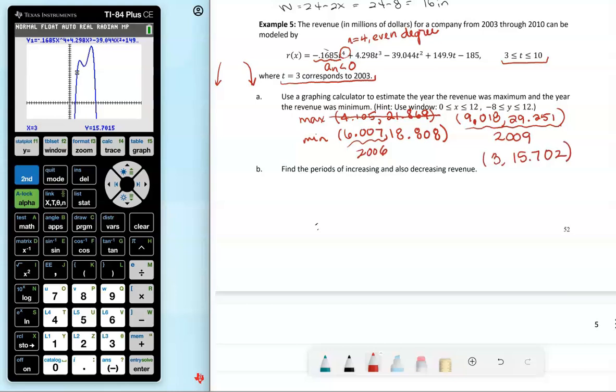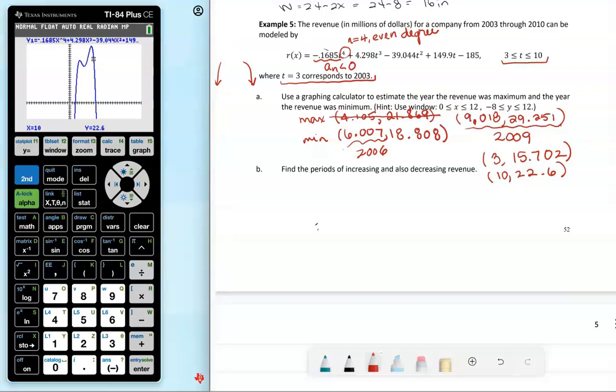And then the other end of this is at 10, so I can hit trace and then plug in a 10, and it's at 22.6. So technically you could say the minimum happened right here at that endpoint. But in the context of this, the minimum happened in 2006.